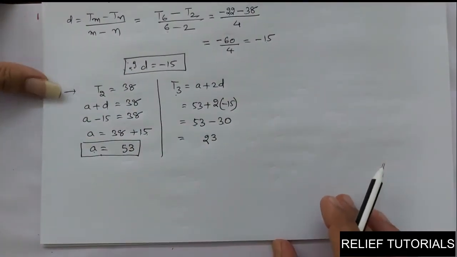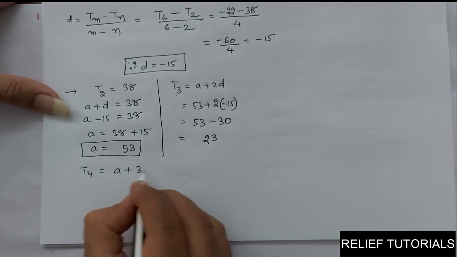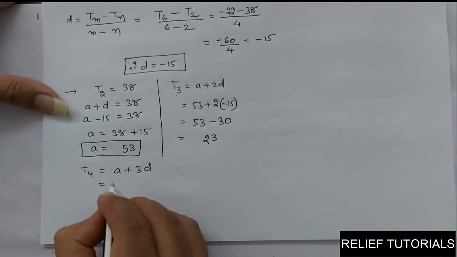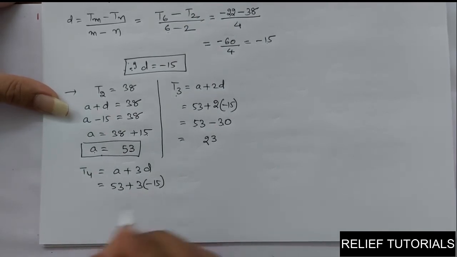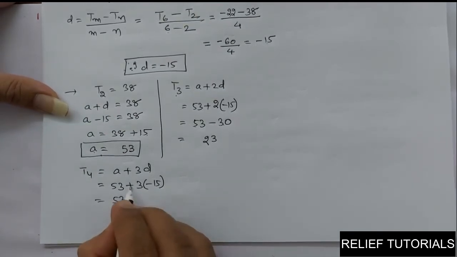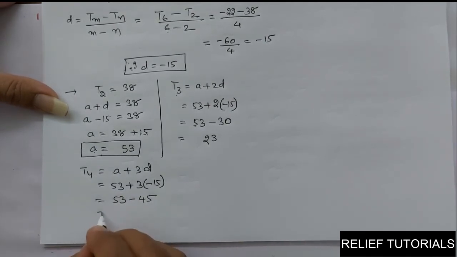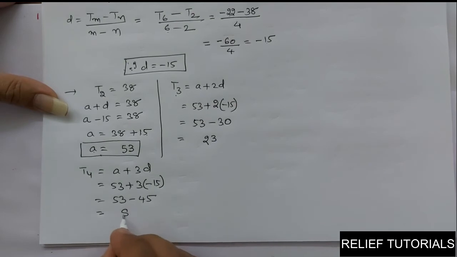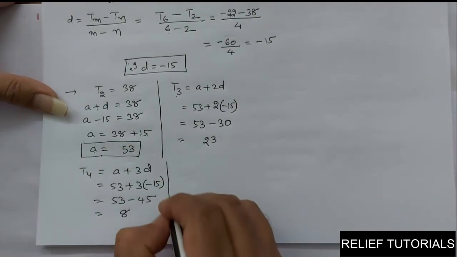Now we'll find T4. T4 is equal to A plus 3D. A is 53 plus 3 into the difference, that is minus 15. 3 fives are 15, 3 fours are 12, so 45. 53 minus 45, so you will get 8. So you got T4.